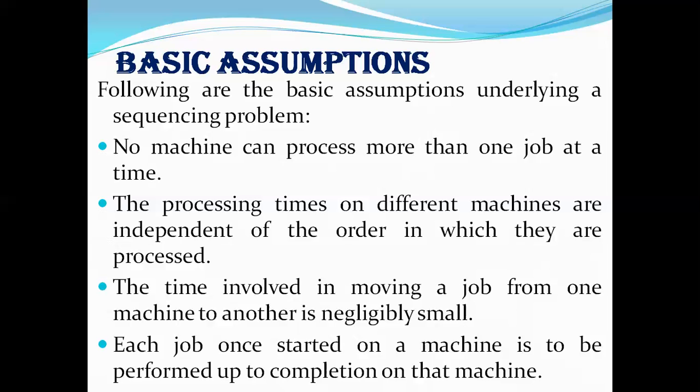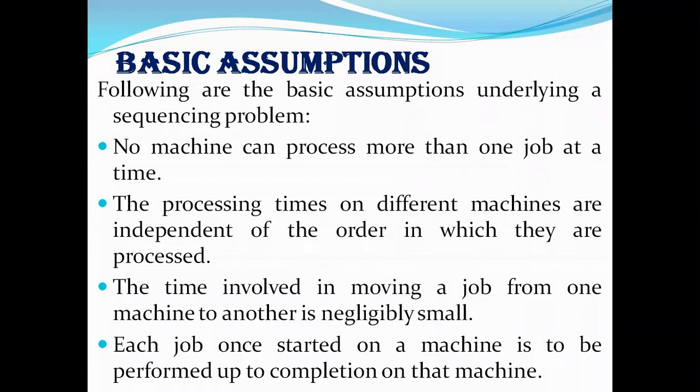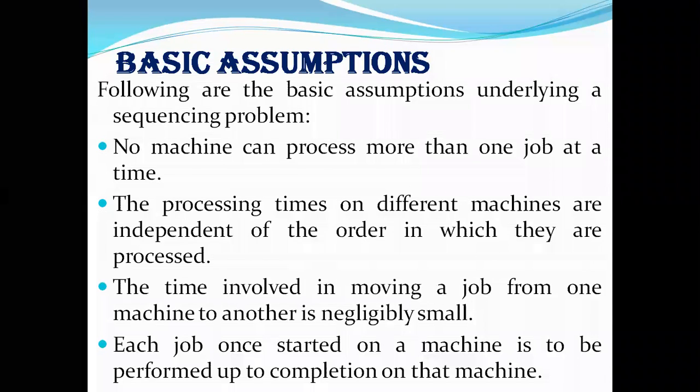For example, considering milling and drilling, initially the milling process needs to be performed on the work part, and after that it has to be transferred to another machine for drilling. Milling may involve 5 to 6 hours, while drilling involves 2 to 3 minutes. Hence, there is a main difference in the time factor between one process and another.